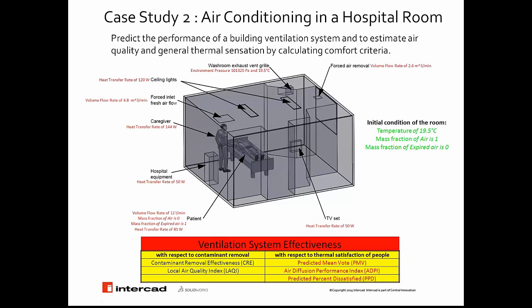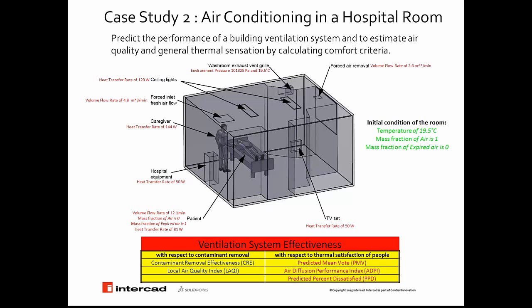The source of the contaminant is just the patient's breath. So we are simply assuming the contaminant is the outflow from the patient's mouth, and we would like to see its distribution over the domain and see how it is getting spread.